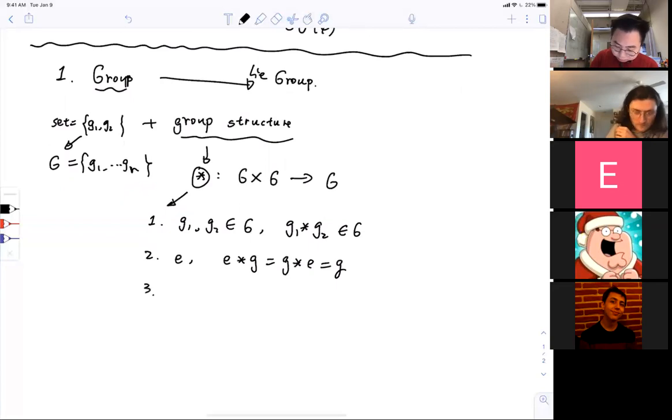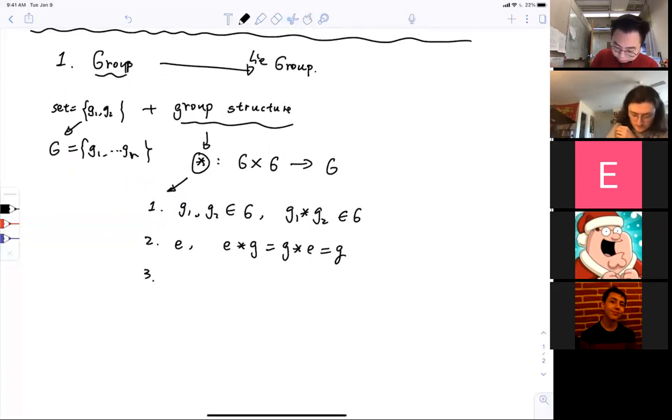And the last thing is there exists an inverse element for every element in the set. It looks abstract if you only look at these rules, but if I give you an example, you will see it's very intuitive.